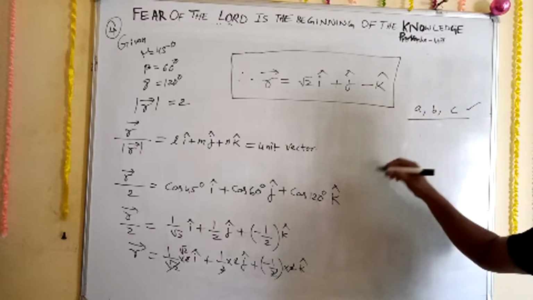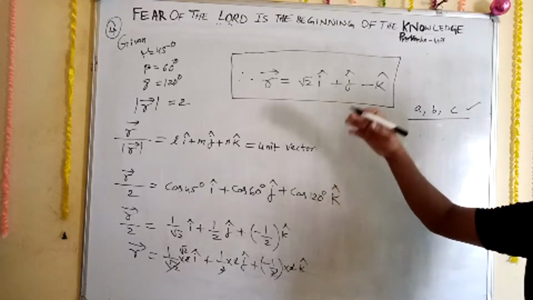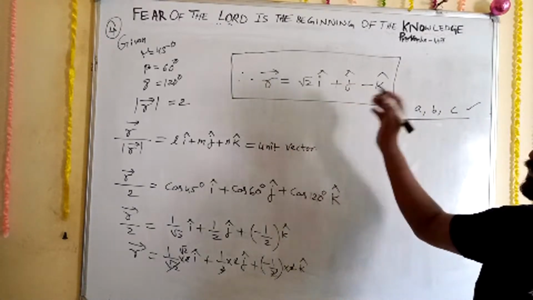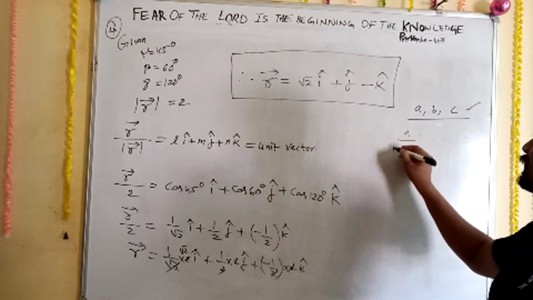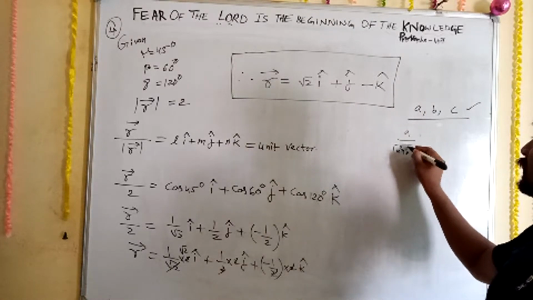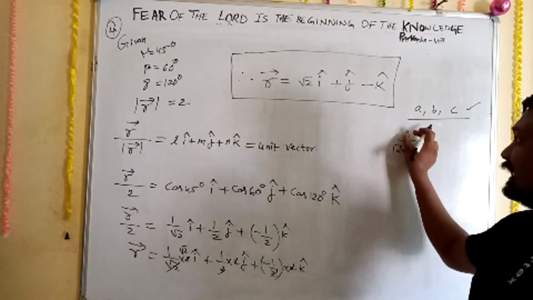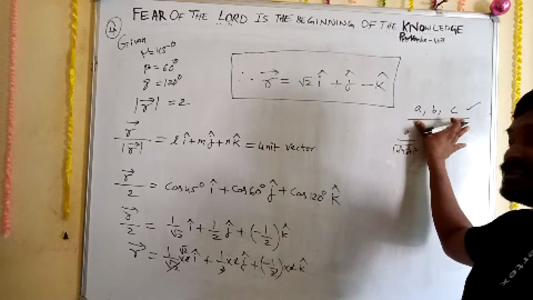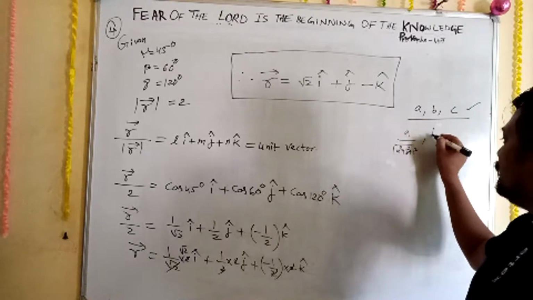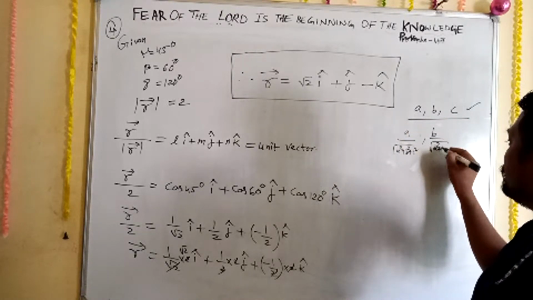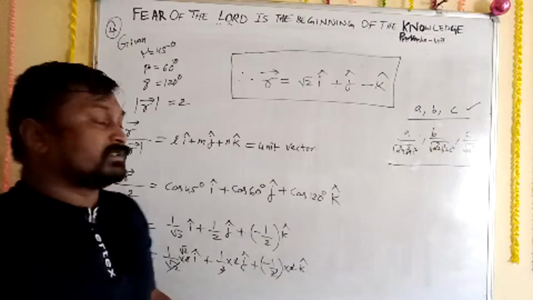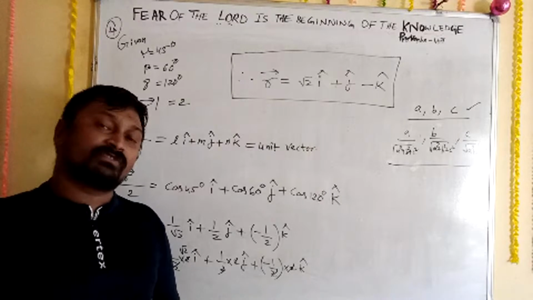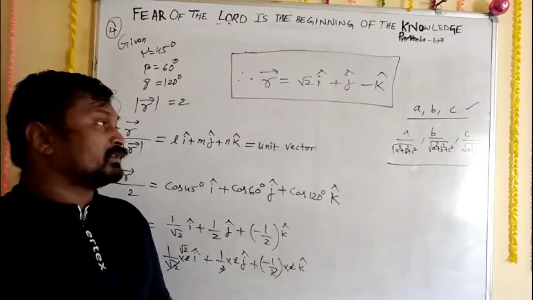If direction ratios are a, b, c, then direction cosines are found as a upon square root of a square plus b square plus c square, that means a upon the modulus of the total vector, and then b upon square root of a square plus b square plus c square. Completely different. That is the difference between direction ratios and direction cosines.